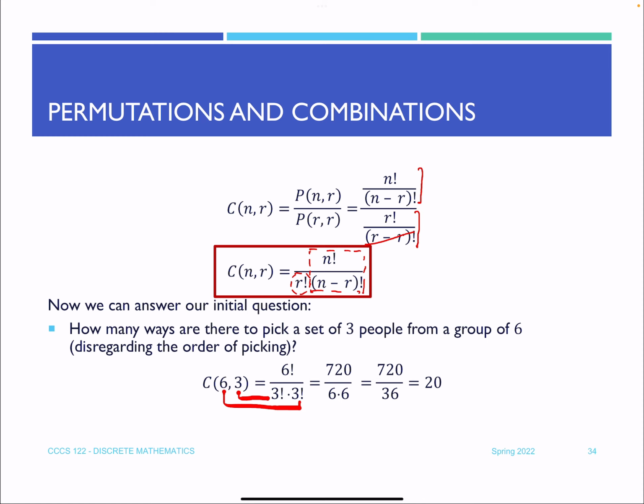And I end up with 720 in the numerator, 6 times 6, 36 in the denominator. Do the division, and the answer is 20. There are 20 different ways, 20 different groups that can be picked.